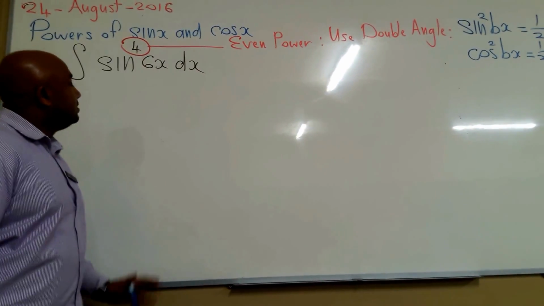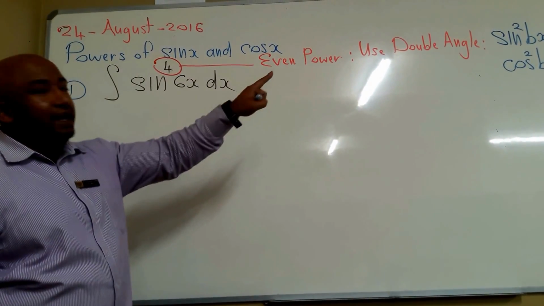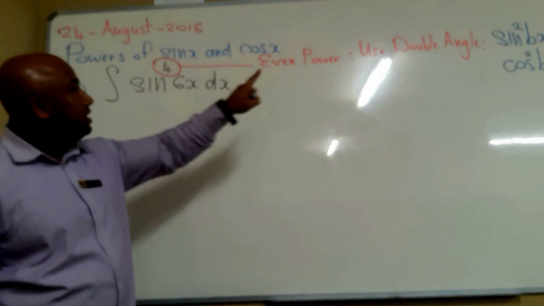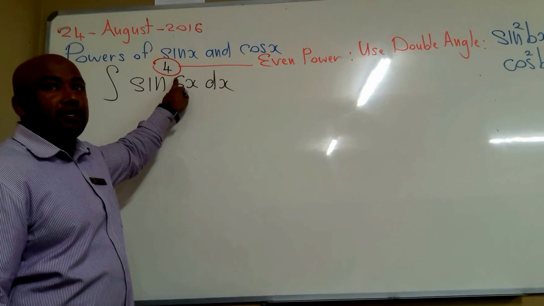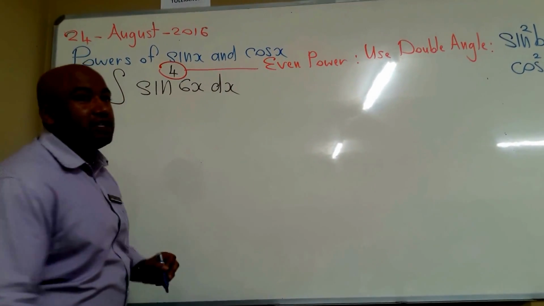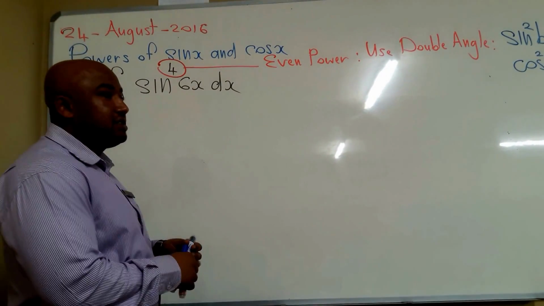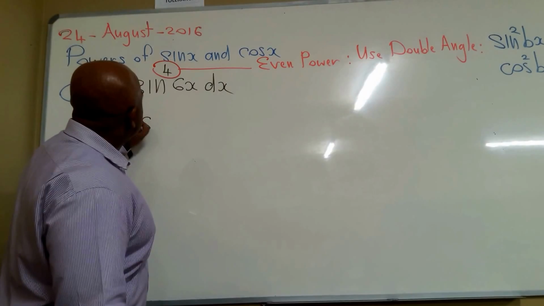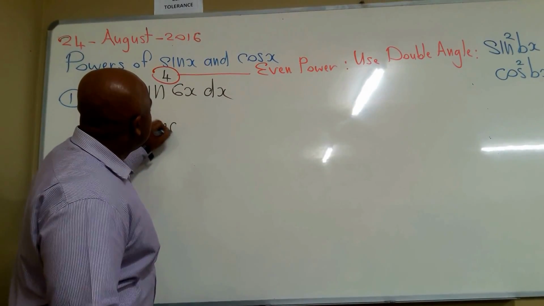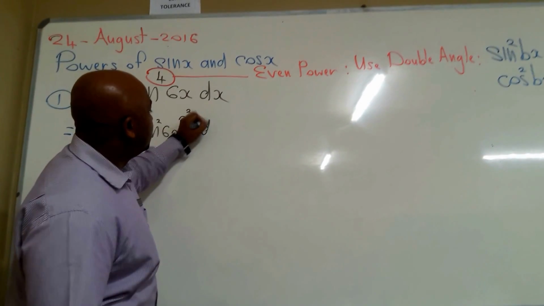Now, that formula comes from our double angle formula, and it's sine squared. But this is not sine squared. So we can use our exponent laws. Let's rewrite this as having a square. So that's going to be sine squared all squared.